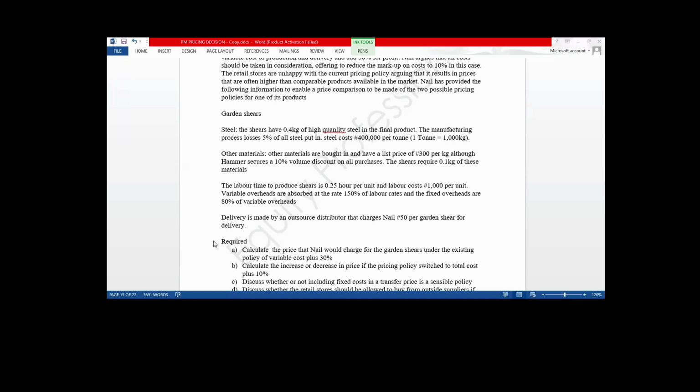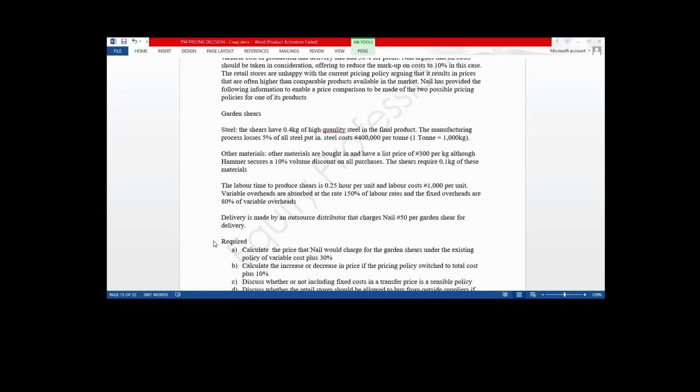Here is a company that has an alternative supply for its products, but not everything, and also has a production unit. That production unit produces it and also supplies to their outlets. But there's a challenge with the pricing, because the retail store feels that the pricing charged from in-house production is quite high.